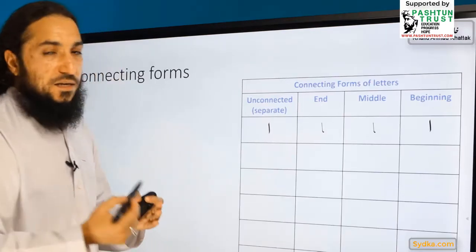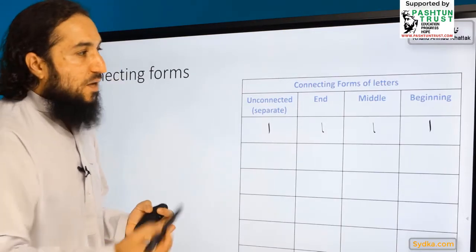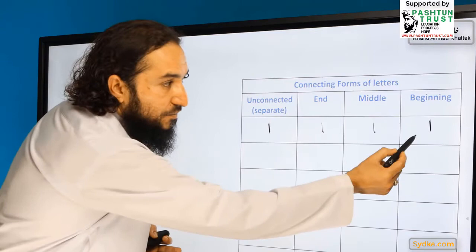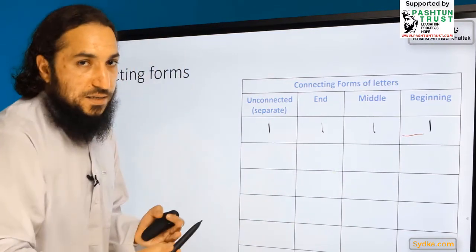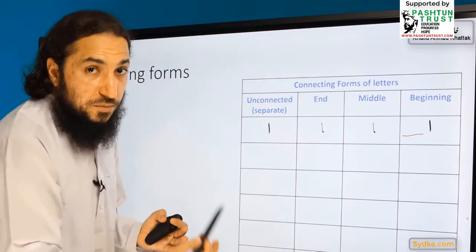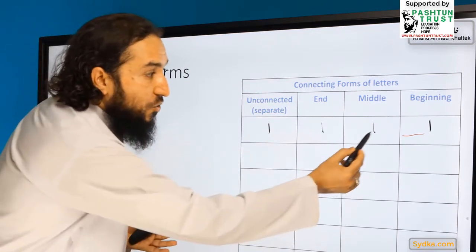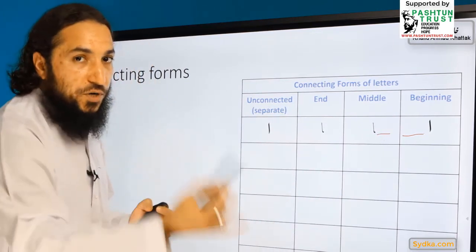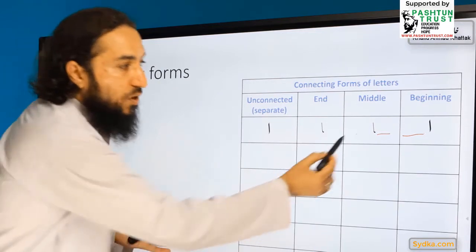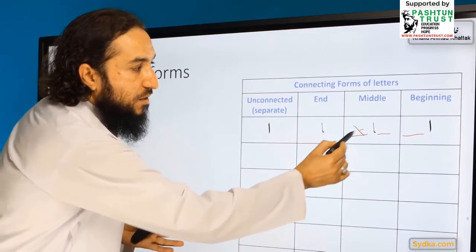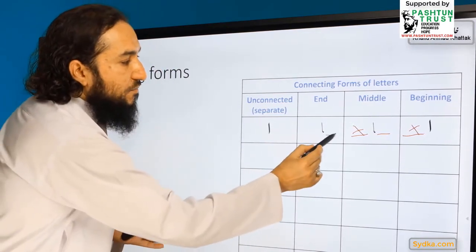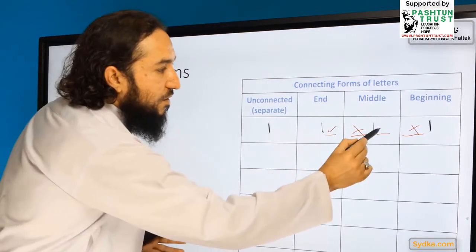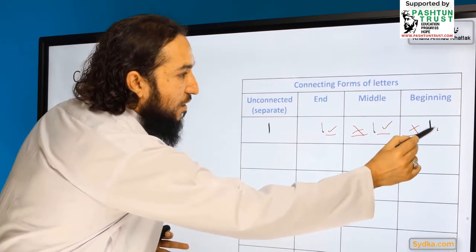When a letter is non-connecting, that means you can't have anything connected to that letter after it. You can connect something before it, but you can't connect after it.